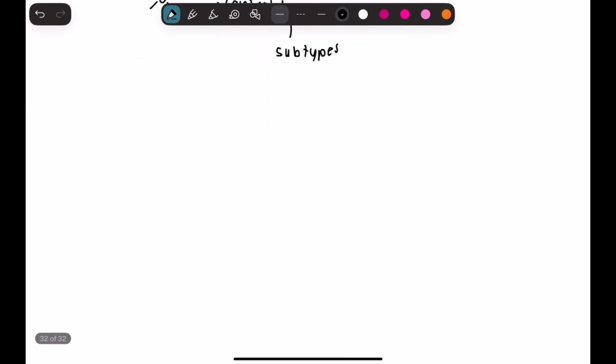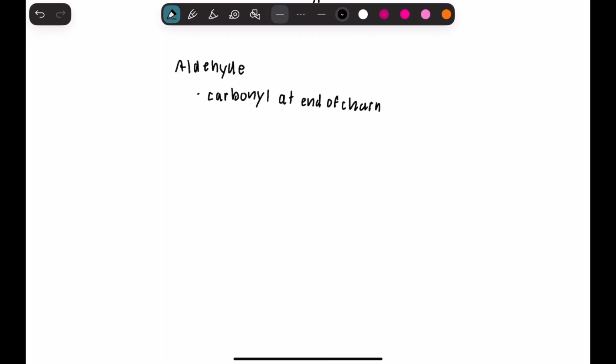Now, we have our aldehyde. An aldehyde is a carbonyl at the end of the chain. It's CO bonded to H. What you have to identify are these aldose sugars, like glucose.